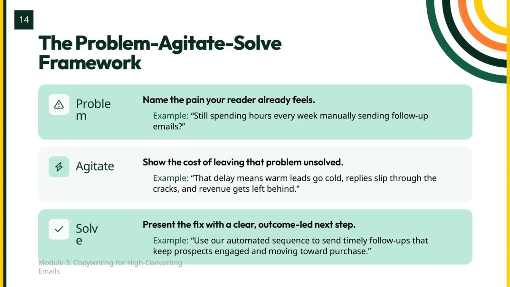You might say, "That delay means warm leads go cold, replies slip through the cracks, and revenue gets left behind." This highlights what's at stake and makes the issue feel urgent. Finally, you offer a solution, a clear, outcome-focused next step. In this case, it might be, "Use our automated sequence to send timely follow-ups that keep prospects engaged and moving toward purchase." This simple structure helps turn pain points into motivation for action.